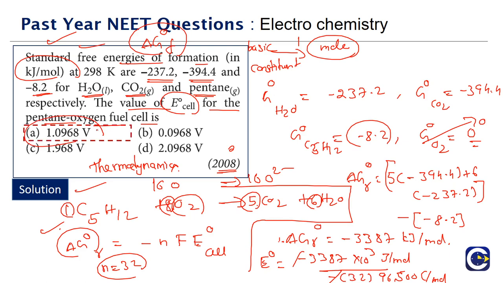So here the relation between the electrochemistry part and thermodynamics is coming, where for finding the del G naught value for the reaction we are using thermodynamic principles. When we know the standard state free energies of formation of any substance, as a convention, that is going to be the free energy of that particular substance at that standard condition.